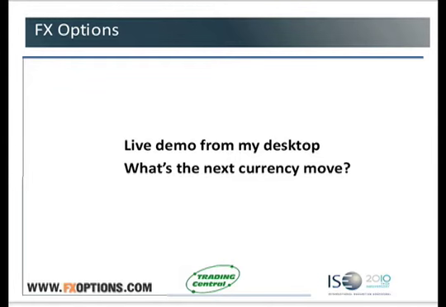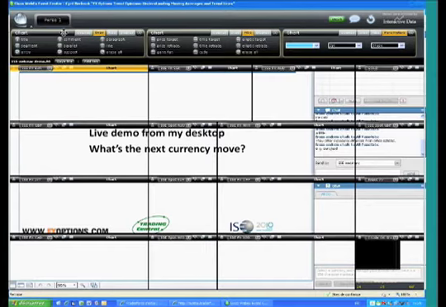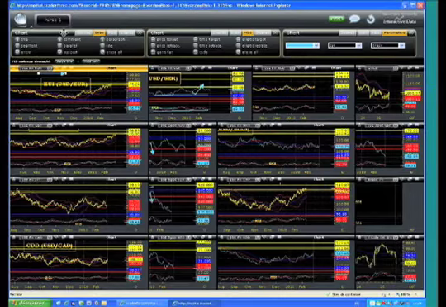I share my desktop to go directly to my technical analysis platform. Okay, perfect. We will start with the EUI, so the US dollar against the euro.